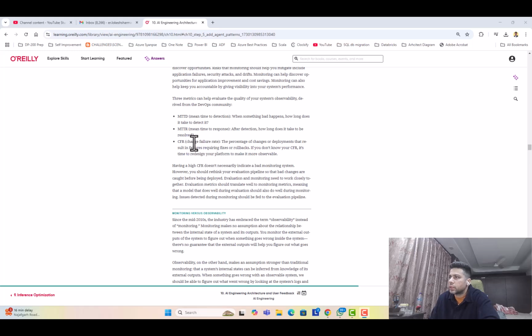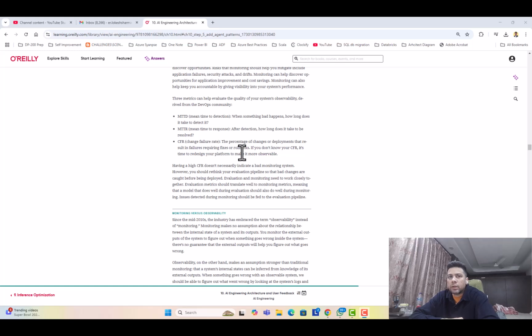This is an interesting parameter or benchmark: the percentage of changes or deployments that result in failure requiring fixes or rollbacks. What it means is that, for example, you have tried to put in an enhancement.